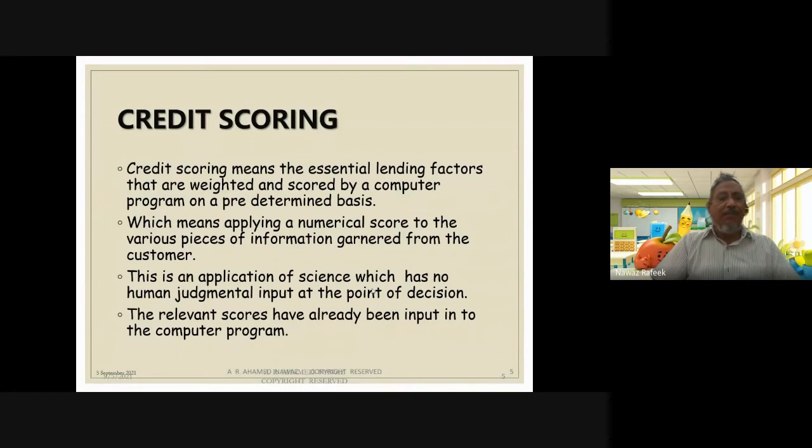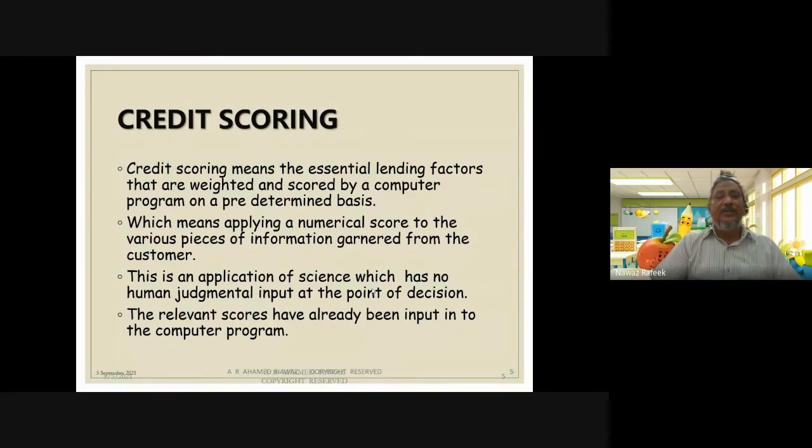Which means applying a numerical score to the various pieces of information gotten from the customer, various information fed into the system as a numerical score.